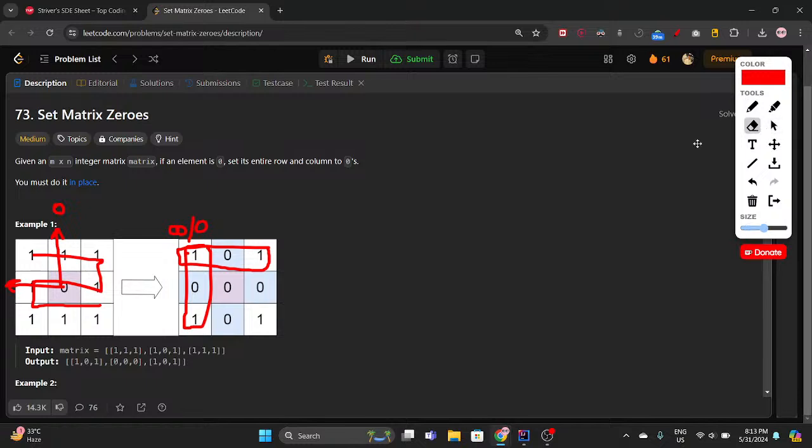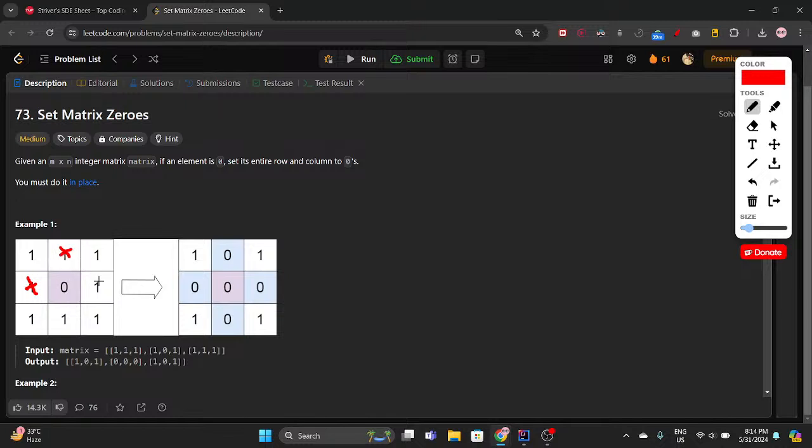After setting the things to 0 and all, let's delete all of this. Here it is not set. Here we will set it. Here also we will set it. See, now it is set.